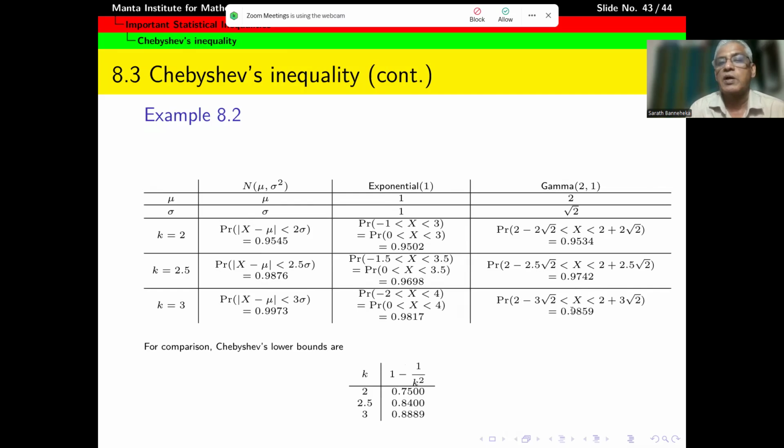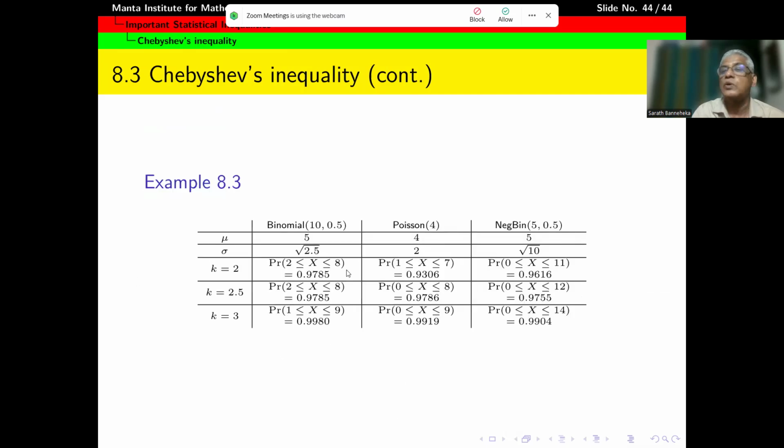And if you consider a gamma(2, 1) distribution, for example, we can find out theoretically the probability that X is within 2 standard deviations, within 3 standard deviations, within 2.5 standard deviations. And you can see that these actual probabilities are, of course, greater than the lower bounds given by the Chebyshev's inequality.